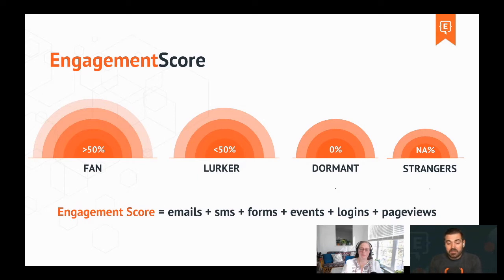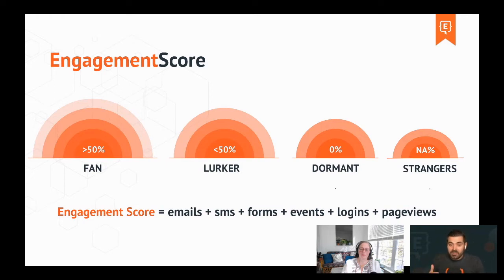And a fan is somebody who's interacted with a lot more. So you see these percentages here, and those percentages are things like they have interacted with a lot of these different pieces based on that formula that we use to calculate the interactions down here, and the 50% plus is the fan. So it becomes a really good proxy for how engaged that person is.